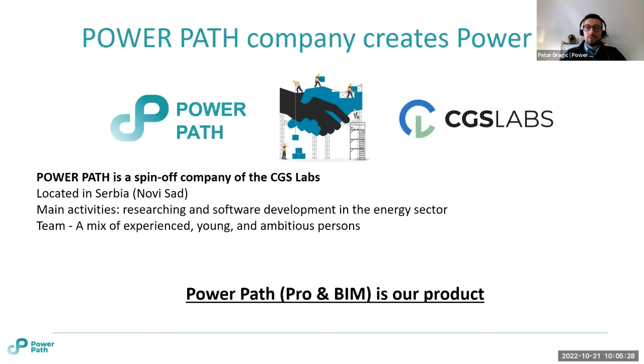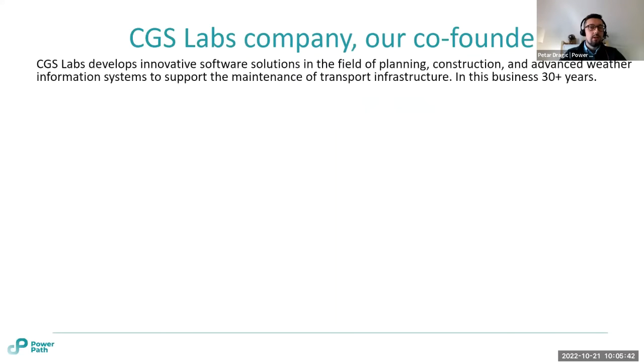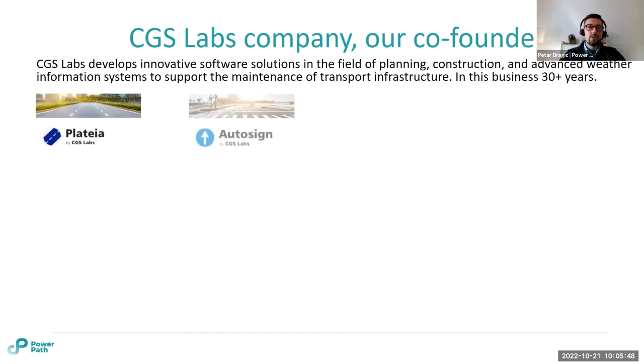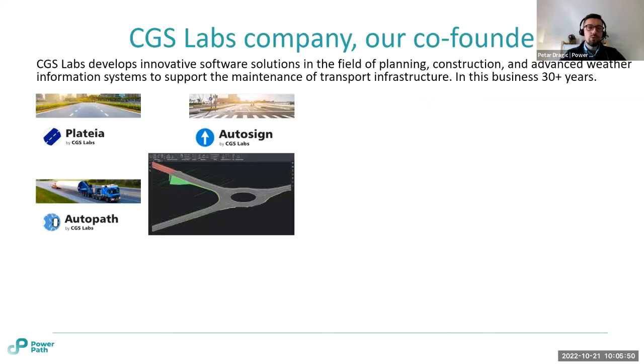CGS Labs is a company with a lot of experience in software development. PowerPath as a software solution is a new product on the market, published last year in September. Like I mentioned, our co-founder is the company CGS Labs, and based on that experience, we created this solution.